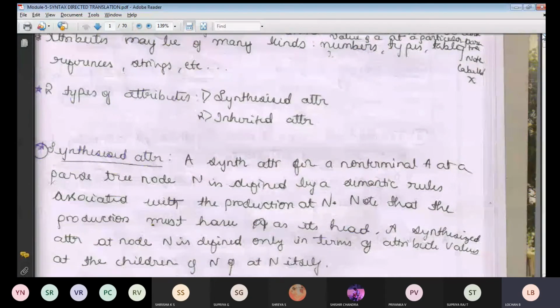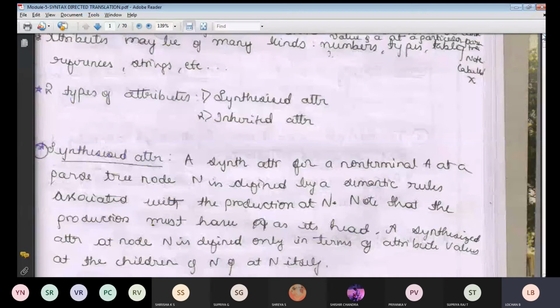I'll repeat once again: first is your synthesized attributes, second is your inherited attributes. First, we will discuss what a synthesized attribute means along with an example: how we plot the dependency graph, the parse tree, and the annotated parse tree. One by one, we will discuss them now.